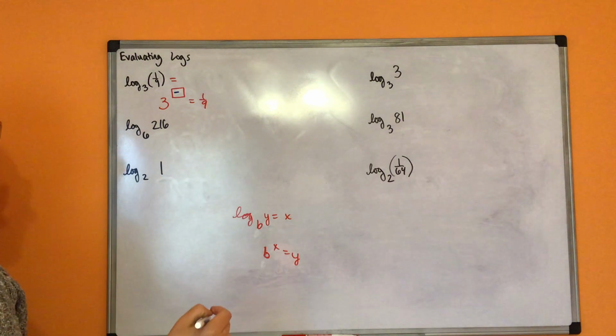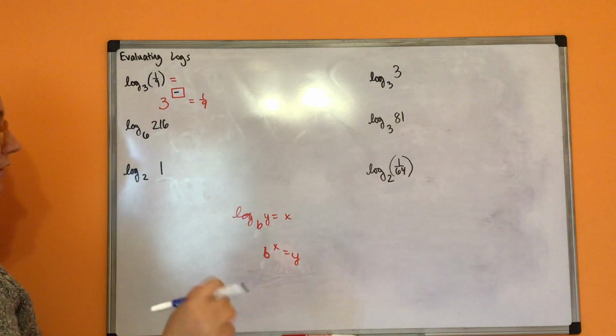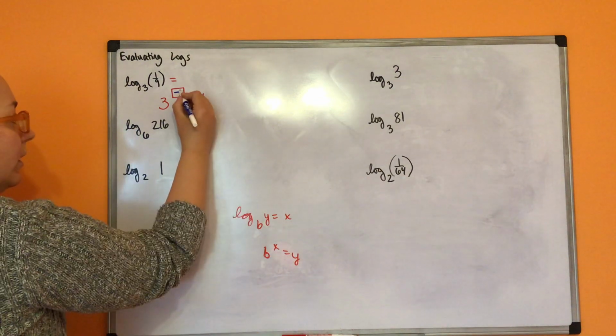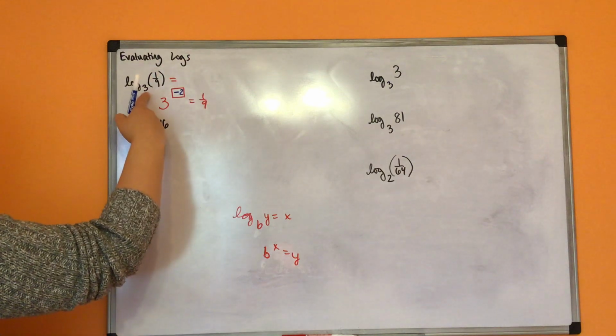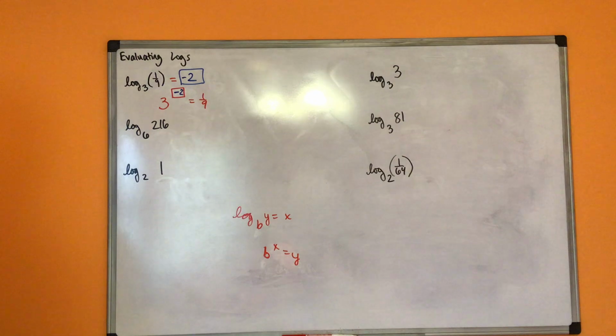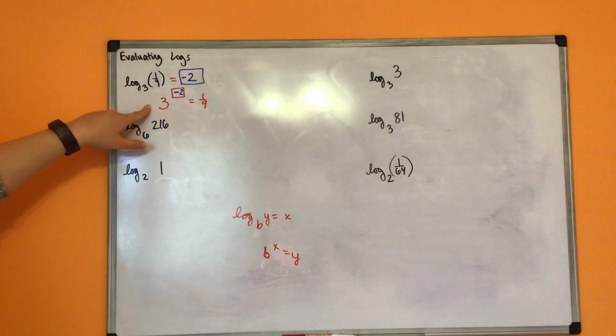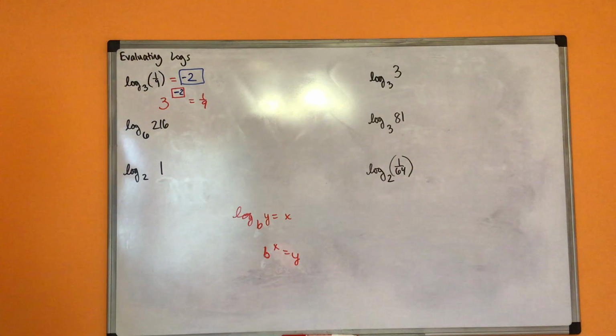And if you think about your powers of 3, 3 to the 1 is 3. 3 squared is 9, so 3 to the negative 2 would be 1 over 9. So the answer to this problem here, log base 3 of 1 over 9 equals negative 2. Negative 2 is my answer, and it's my answer because I'm thinking, what exponent do I put on 3 to get to 1 over 9?